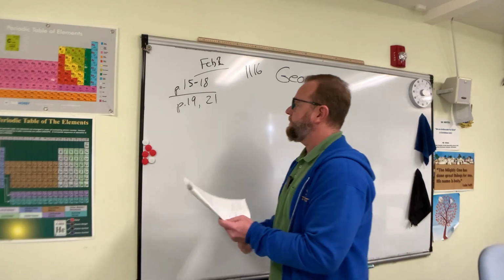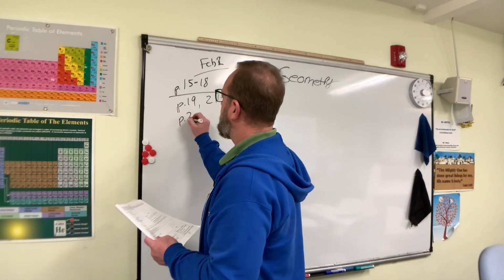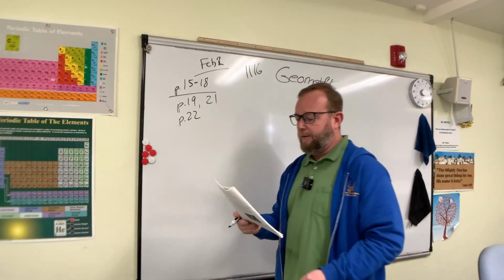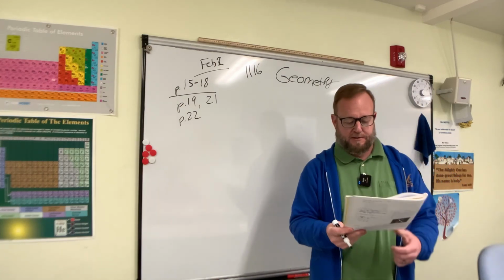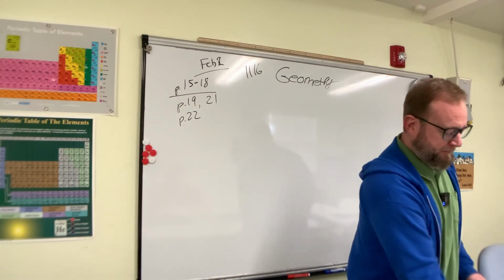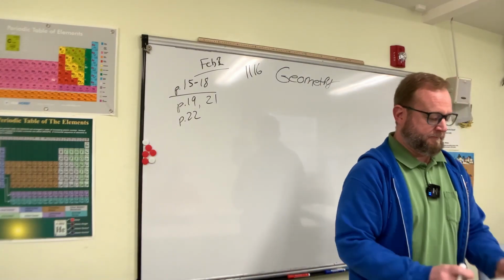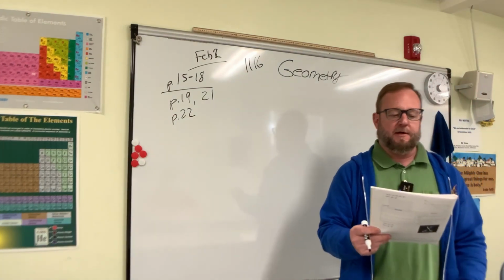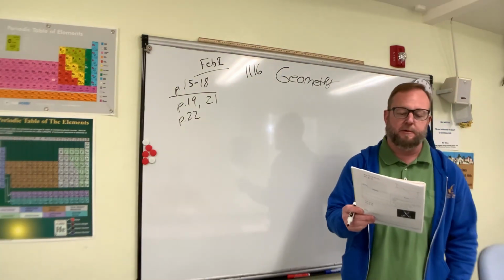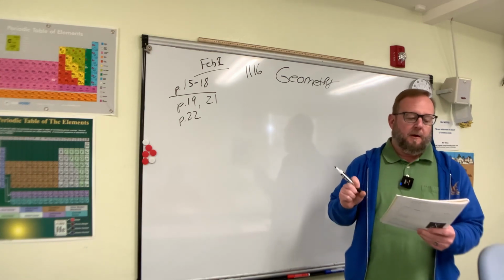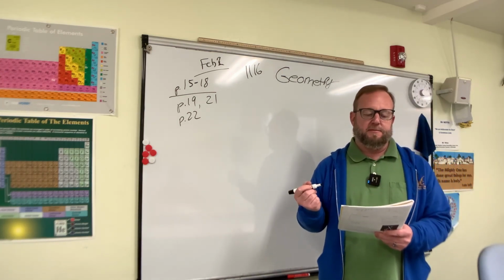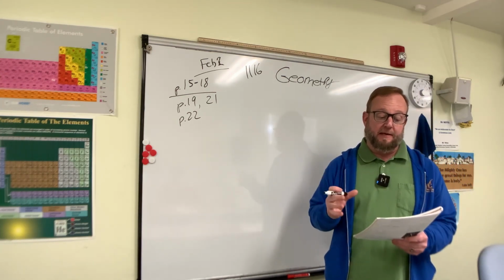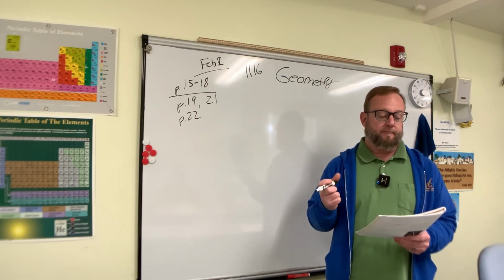Page 22. Anything on page 22 that we need to address? Let's see. Oh yeah, these are actually both important. 22, proof number 1. This section is telling us about the product of the lengths of two segments.